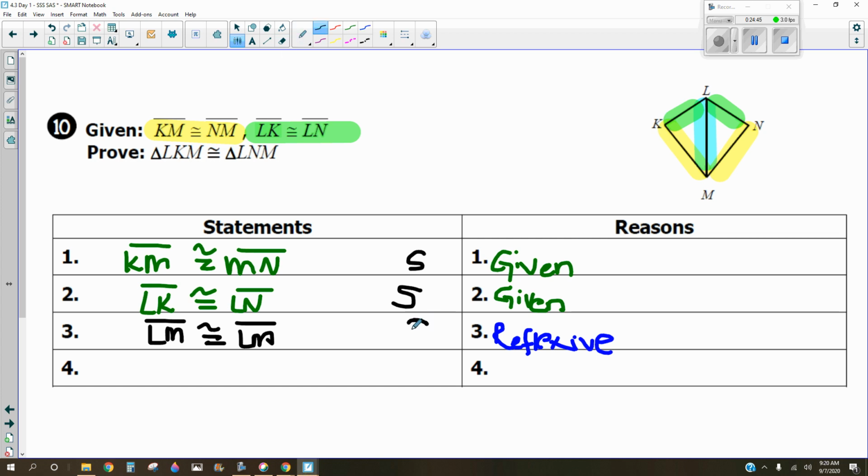And that is a side. So in the end, I can say these two triangles. Now I have 1, 2, 3 sides. I have a side, side, side. So I can say triangle LKM is congruent to triangle LNM because of the side, side, side rule.